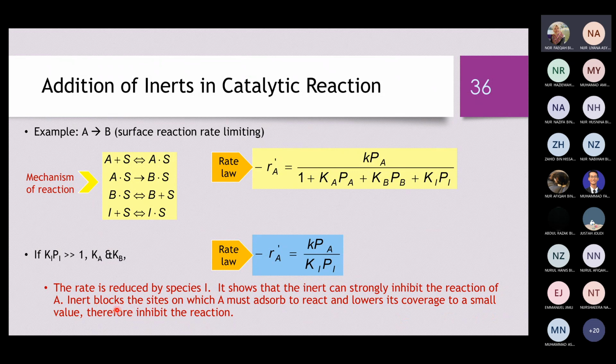Okay, this is because due to the large concentration of inerts, most of the inerts will adsorb on the active site. Okay, and the adsorption of A to the active site and reacting to form a product will be reduced. Okay, that's why the rate law decreases, and the inert inhibits the reaction of A to form product B.